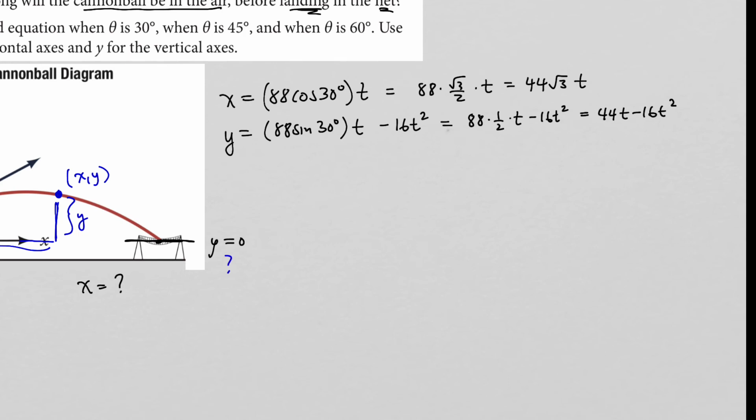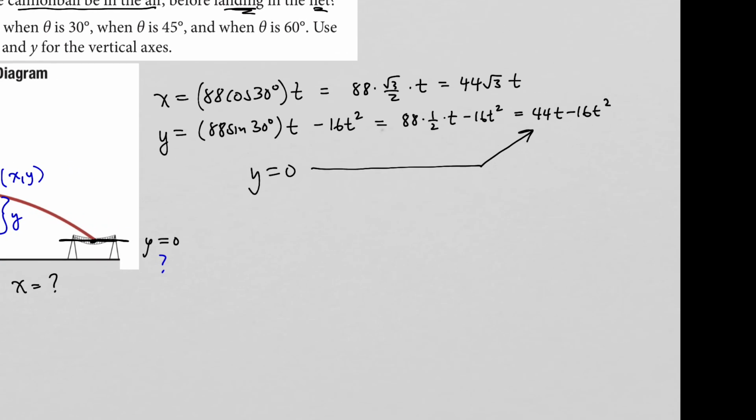When does that happen? Well, if y equals 0, I can plug in 0 for y into this equation, right? Because remember, this equation says y equals this amount. So if y equals 44t minus 16t squared, this is going to give us 0 equals 44t minus 16t squared.